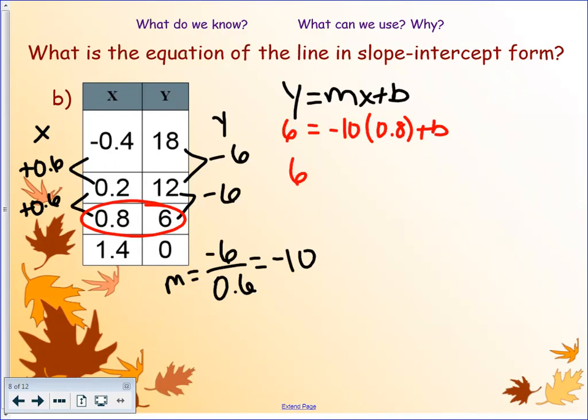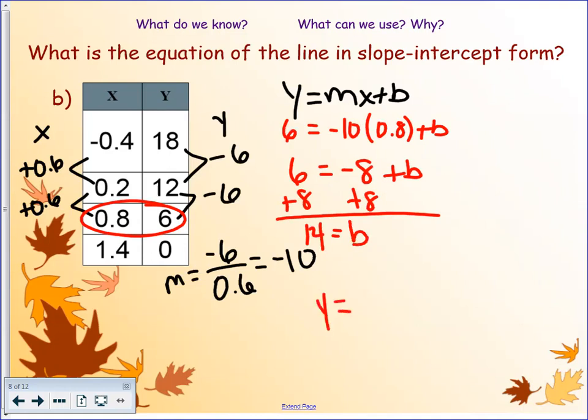So I get 6 equals -8 plus b when I multiply. Add 8 to both sides, and I get 14 equals b. So my equation should be y equals my m, which is -10, my x, and then plus 14.